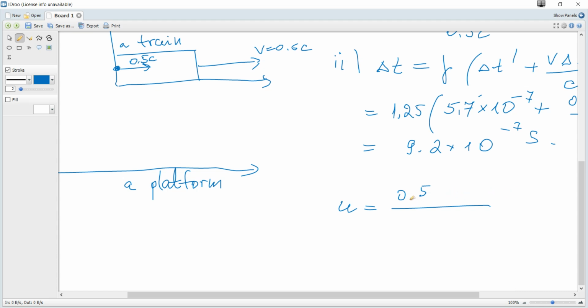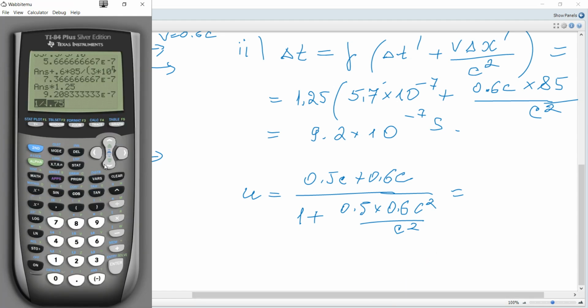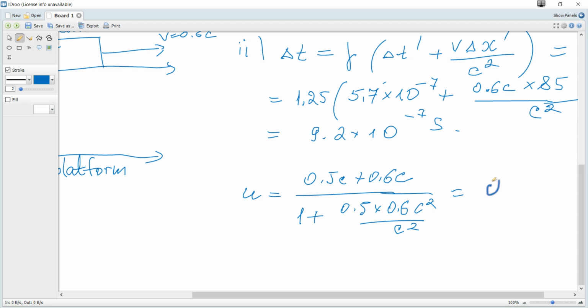The formula is u equals u prime plus v over 1 plus u prime v over c squared, and hence it becomes 0.5 c plus 0.6 c divided by 1 plus 0.5 times 0.6 c squared over c squared, and you can see that it becomes 1.1 divided by 1.3, which is 0.846 c.